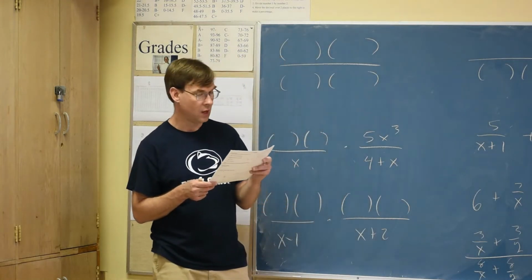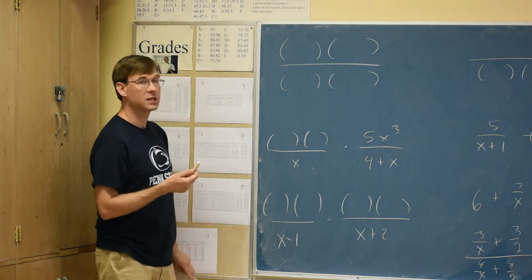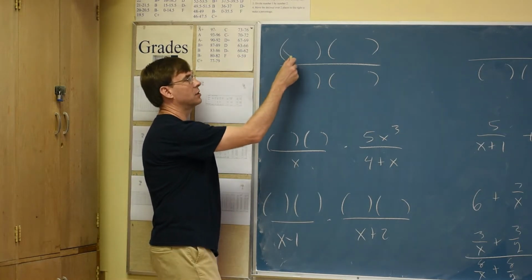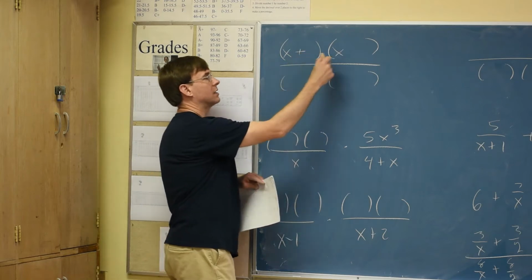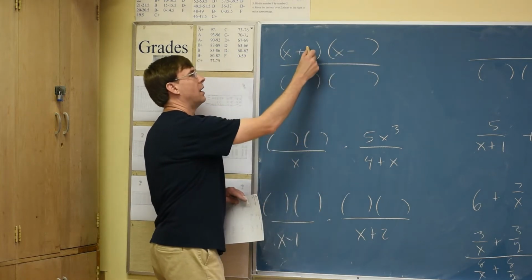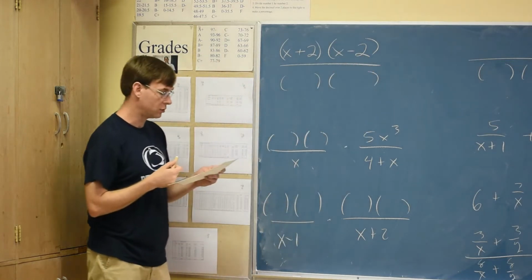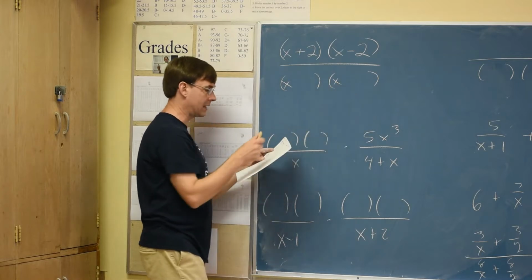For 2, we want to factor and then cancel. So the top is a thing called a difference of squares. Difference of squares have even powers that we cut in half to get x's. They have a minus that causes us to get 2 different signs. And it has a number we can square root, 4 we can turn into a pair of 2's. The bottom, we're going to factor in the normal way, x and x.